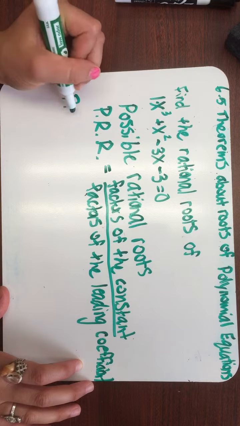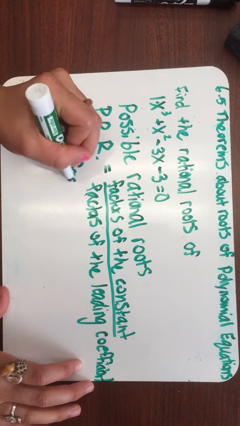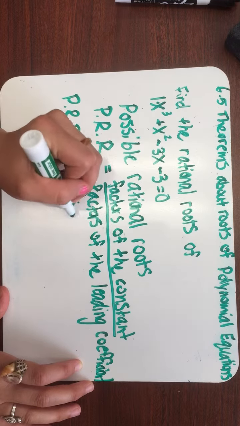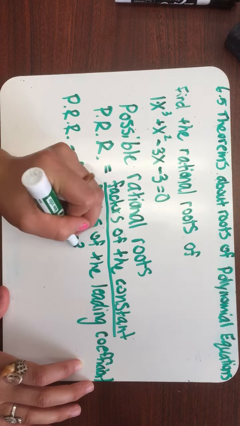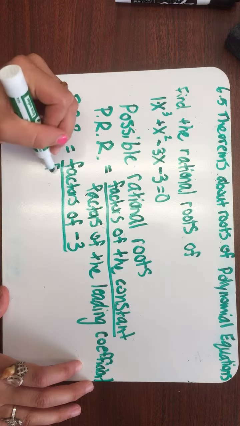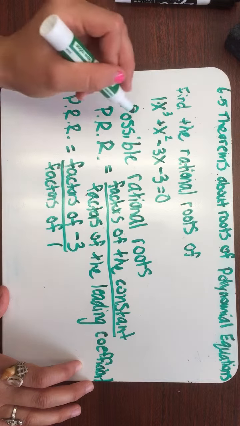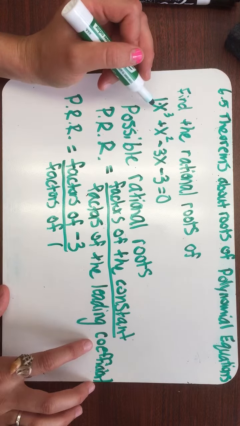So we're going to find the possible rational roots by finding the factors of -3, because that's the constant term, divided by the factors of 1, because that is your leading coefficient.